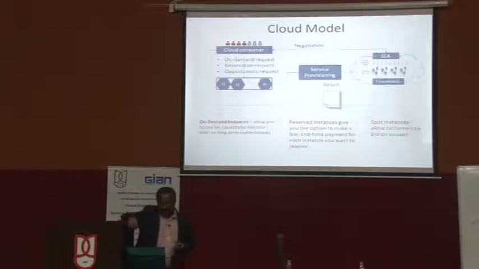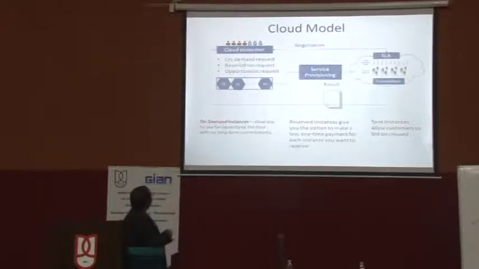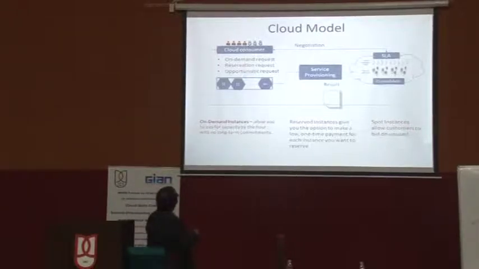Okay, now the model we have, very simply, we have cloud consumers, and a cloud service provider with its own provisioning. Now, the most important aspect of today's lecture is these three requests.